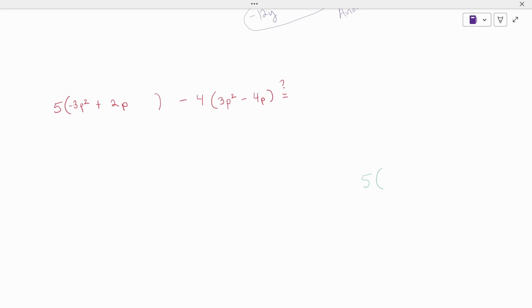When you have 5 times the quantity -3p squared plus 2p, this is not 5 times -3p squared plus 2p. That's not how this works, okay? It's 5 times the first quantity plus 5 times the second quantity.